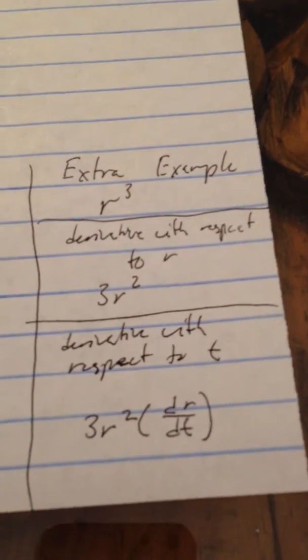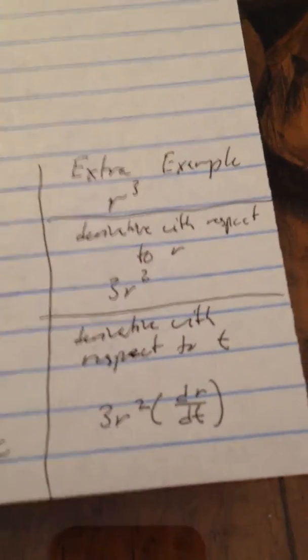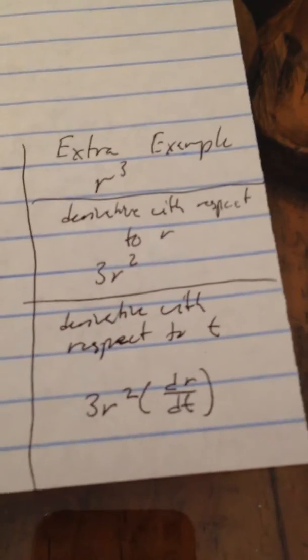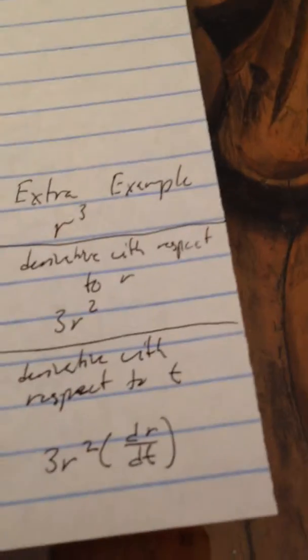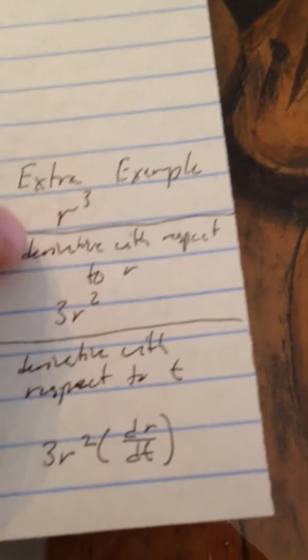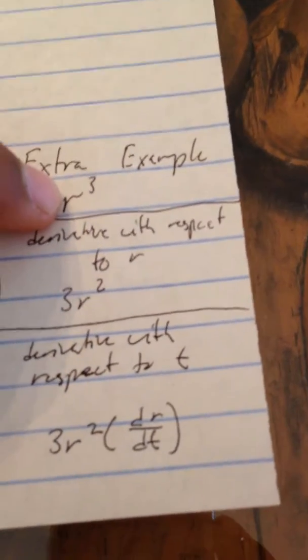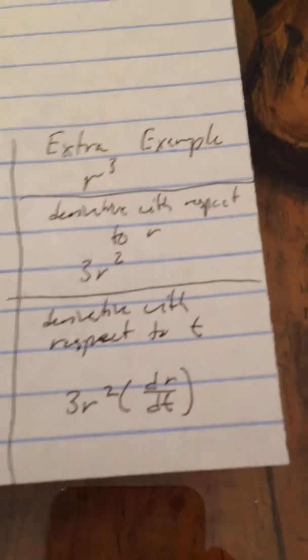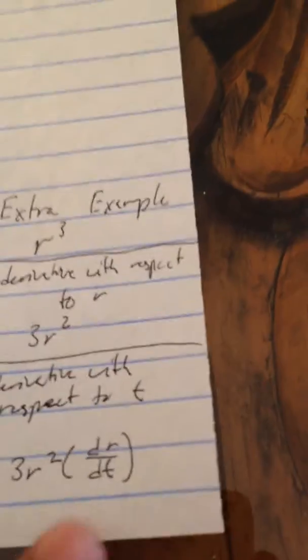So basically, you think of r cubed. It's a big difference to say a derivative with respect to r than a derivative with respect to t, especially in this problem, because that's what we're looking for. The derivative with respect to r of r cubed is just 3r squared, as we talked about. You move the power to the front, and then you take away 1 from the power. And if you want to take the derivative with respect to a different variable, such as t in this case, then you have to add that dr/dt.